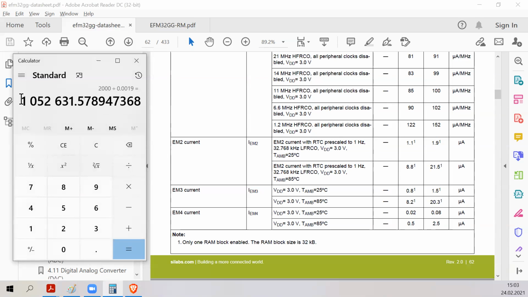Now we have 1 million hours of work divided by 24 hours per day. It's 43,000 days divided by 365 days per year. We get 120 years of device running at this sleep current.